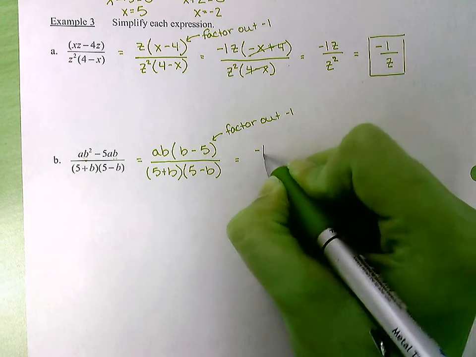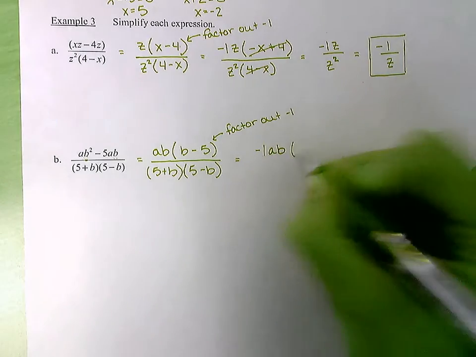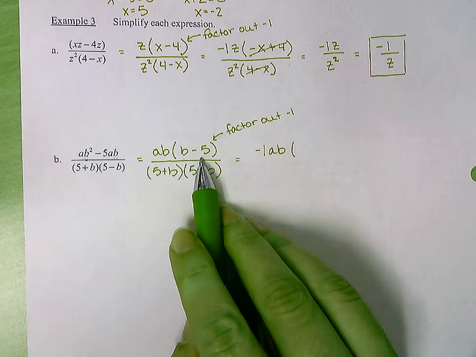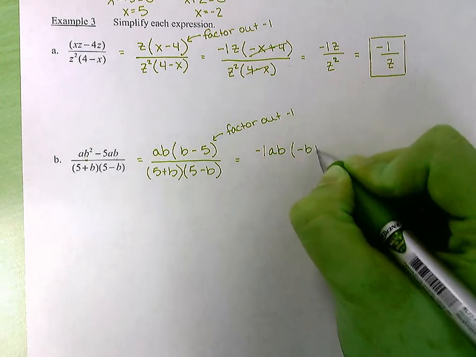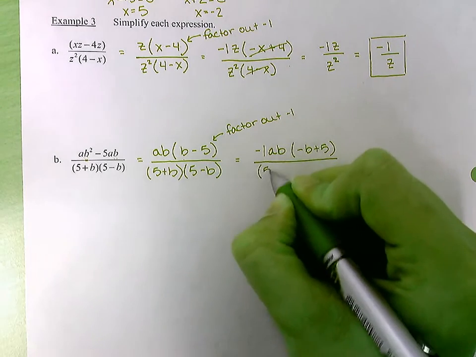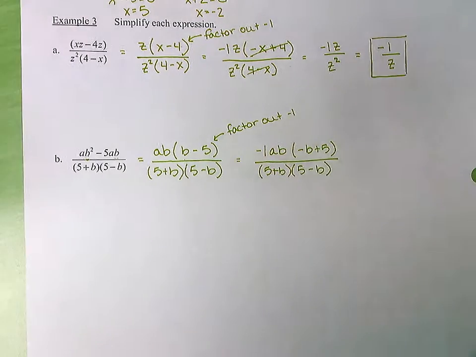So I have negative 1, AB. Then factoring out that negative 1 changes the sign on both of those terms in that parenthesis. So I'll have negative B plus 5. That's still over 5 plus B times 5 minus B.